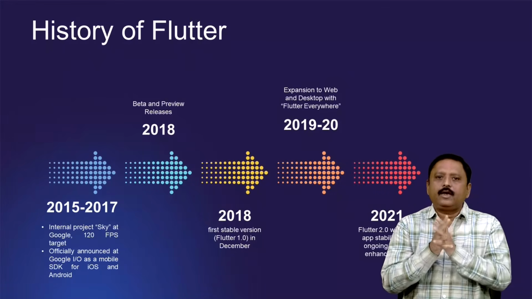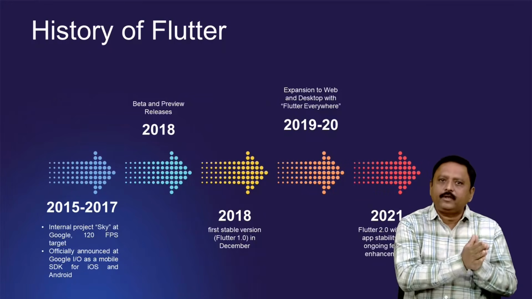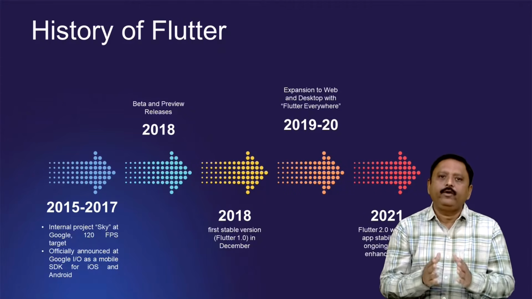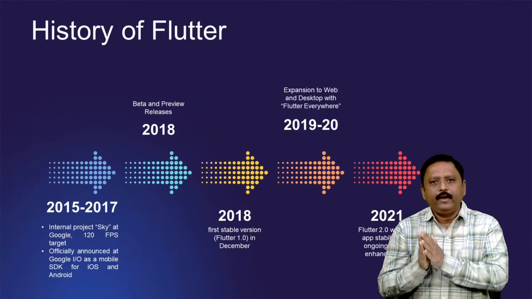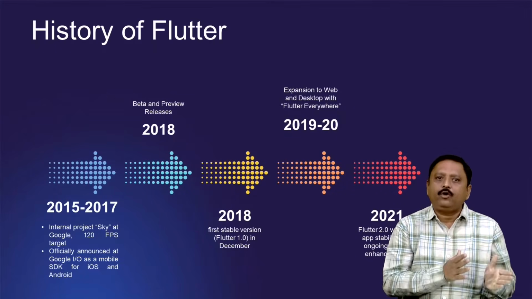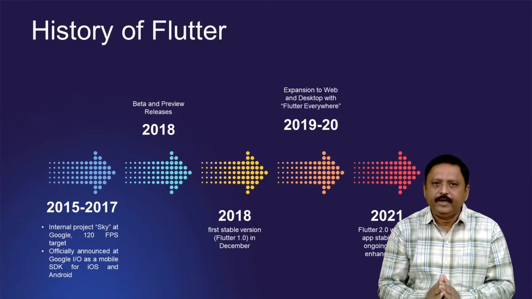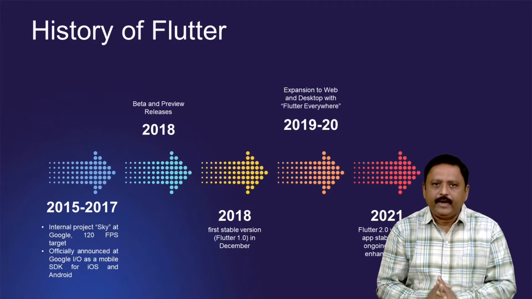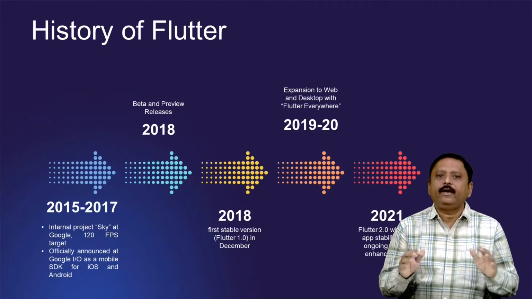In 2020, Google further expanded Flutter to include support for desktop platforms like Windows, Macintosh, and Linux. These developments were part of the Flutter Everywhere initiative, aiming to provide a unified development experience across all major platforms.